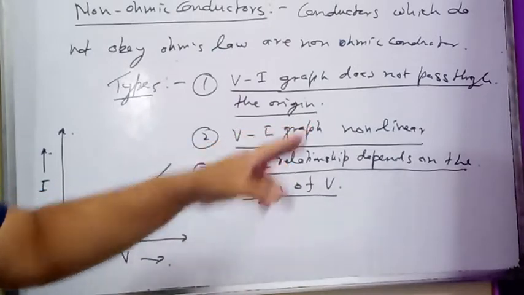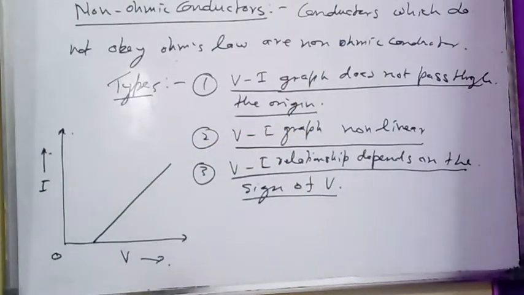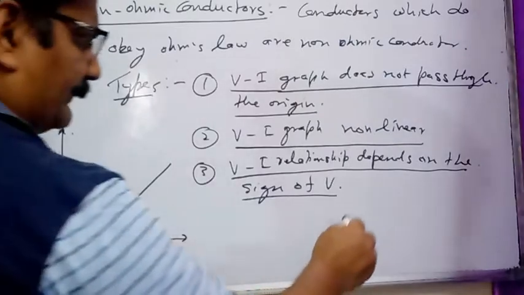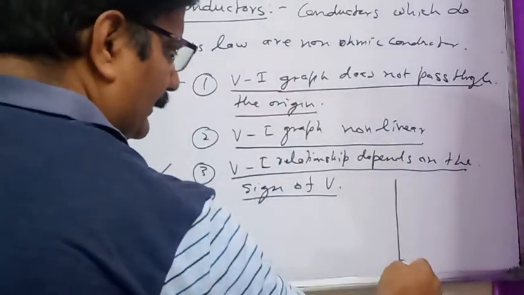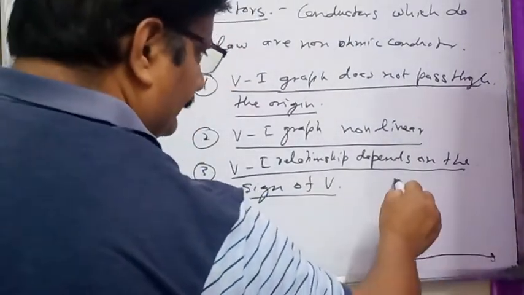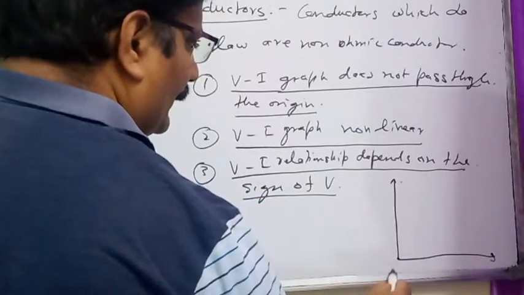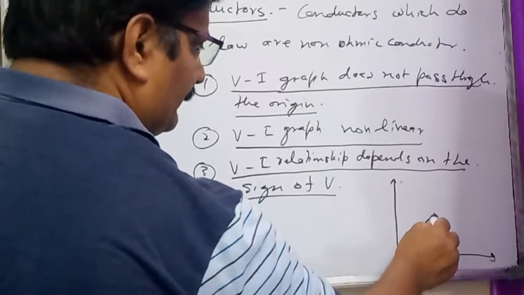VI graph is non-linear in the case of solid conductors or metallic conductors. When value of current is very small, in that condition their VI graph remains a rectilinear graph for a small value of current.